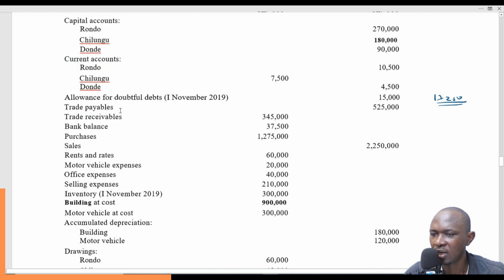We start with this one. Increase in allowance for doubtful debts. We've already confirmed the difference is 2,250.